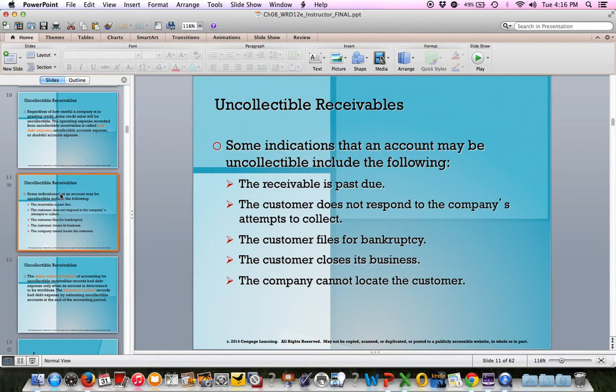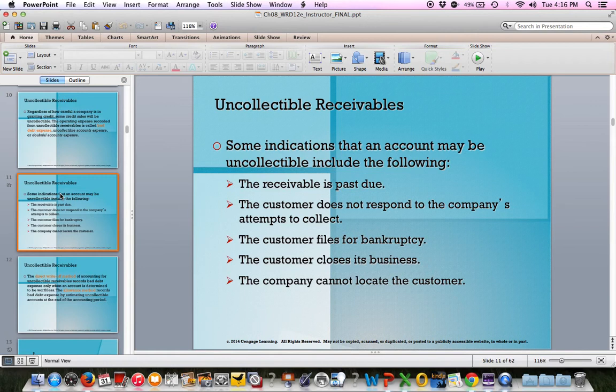So some things to keep in mind when it comes to an account possibly going bad, and I can tell you that this will for sure be a question on a quiz and or test for the chapter. The receivable is past due. Obviously if it's not past due, it's not going bad. The customer does not respond to attempts to collect.